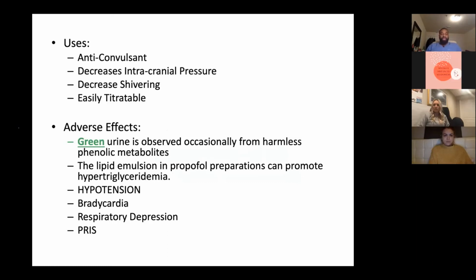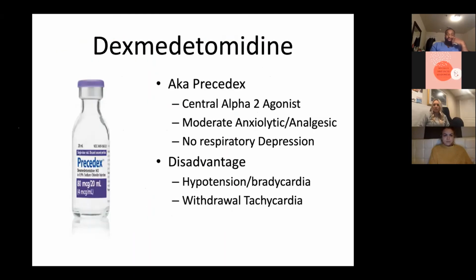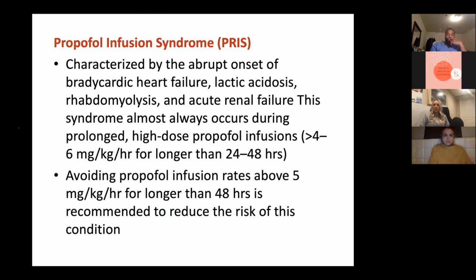So the adverse effects: there's something called green urine, observed occasionally from harmless phenolic metabolites. You can get hypotension, bradycardia, respiratory depression, and things like that. But propofol is very good. There's also propofol infusion syndrome.